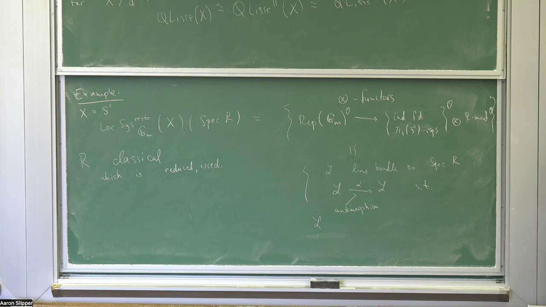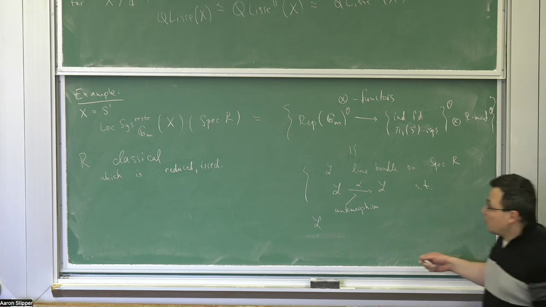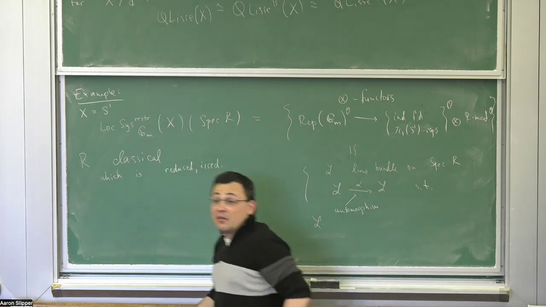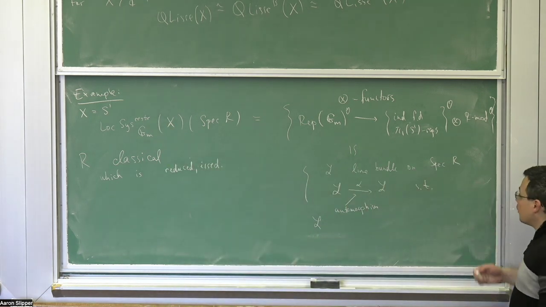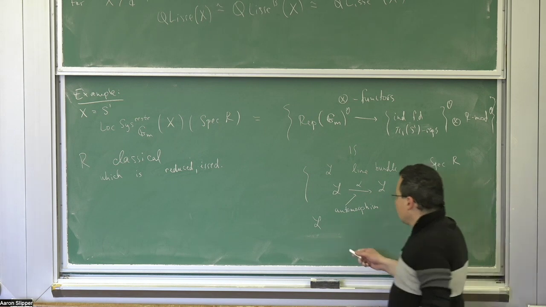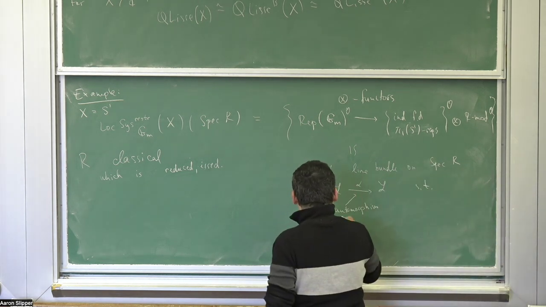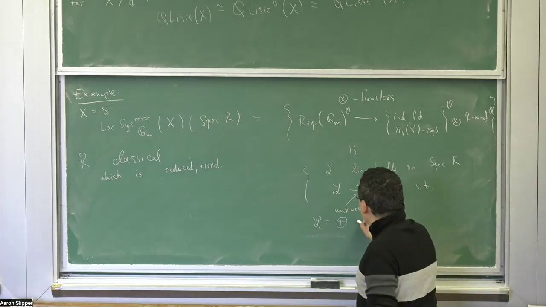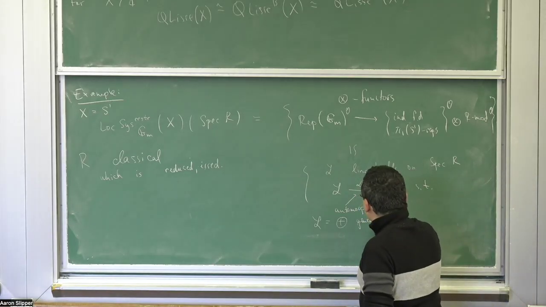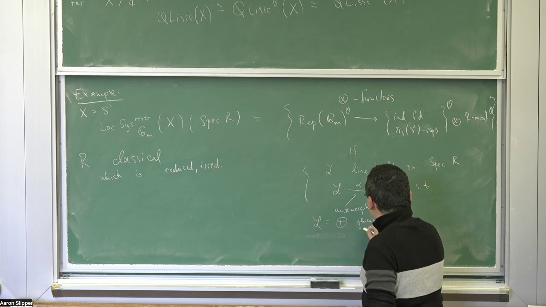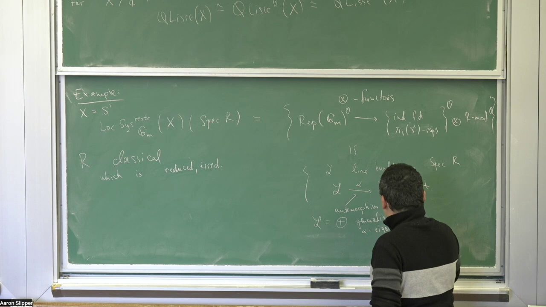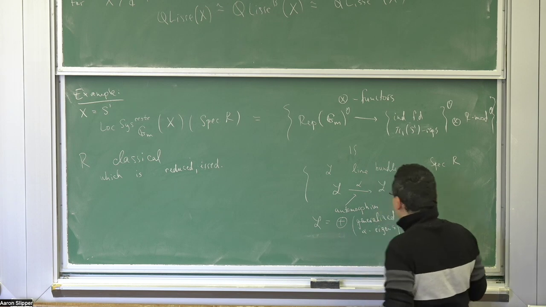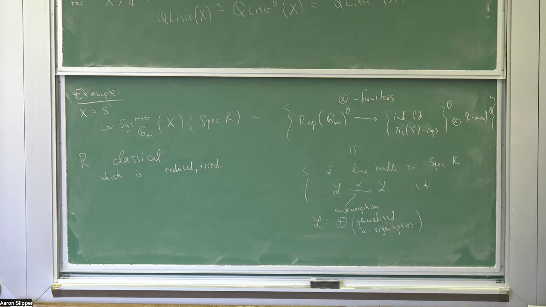That's what would be a Spec R point of the unrestricted Betti version of this circle. But now we're imposing the condition that L is a direct sum of generalized eigenspaces for the automorphism. This is the condition of landing in infinite dimension.